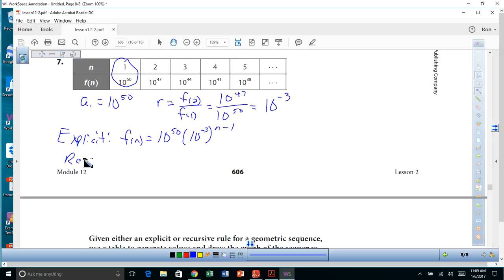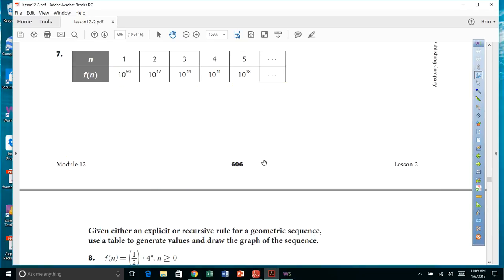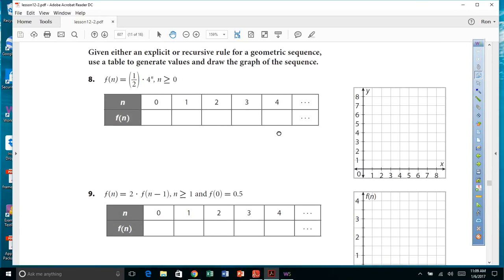Recursive: f of 1 will be 10 to the 50th power, and then f of n would be 10 to the negative 3, that's r, times f of n minus 1, for n is greater than or equal to 2. Getting easier?